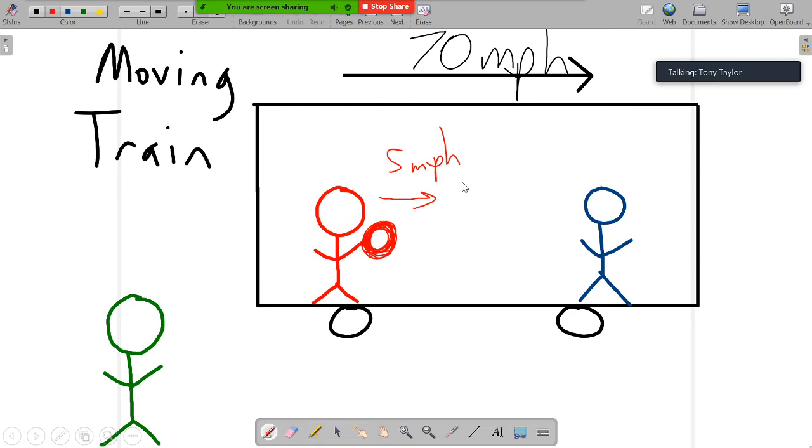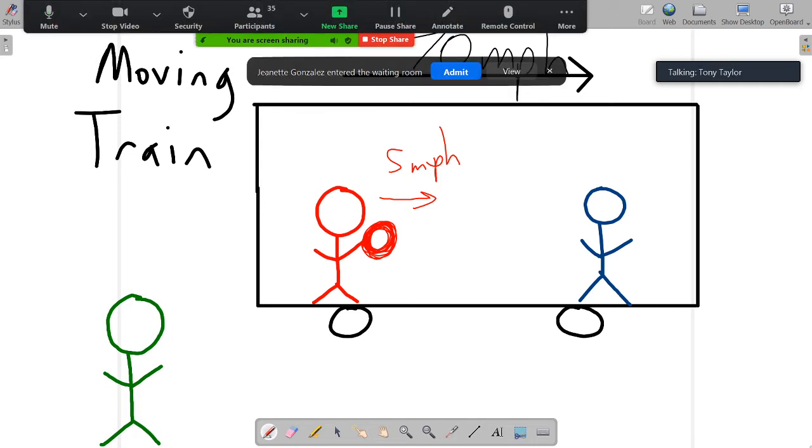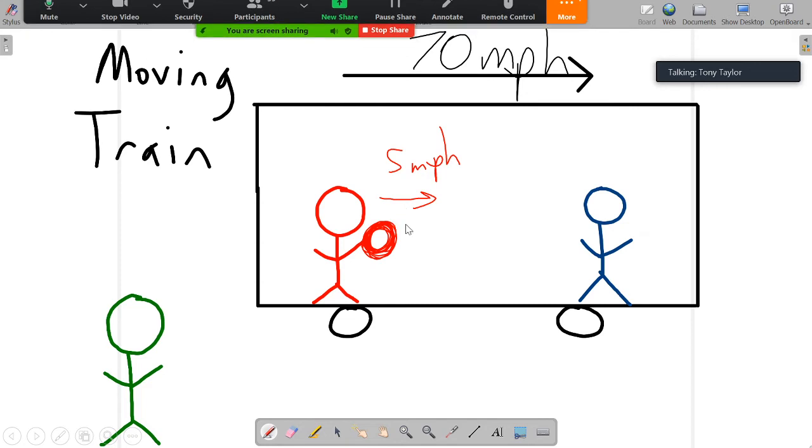Someone tell me, if this guy sees this ball traveling at 5 miles per hour, from the point of view of the person in green, how fast is this ball moving? Does anybody know? Keep in mind that the person in green is watching the train move, and he's also watching the ball move as well.